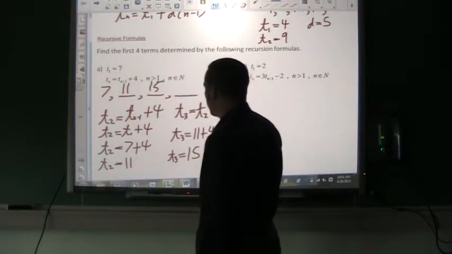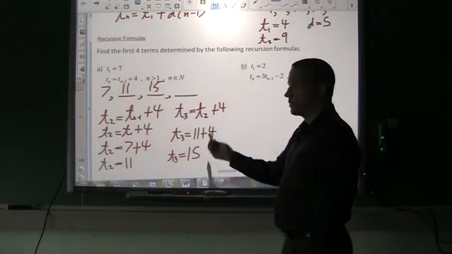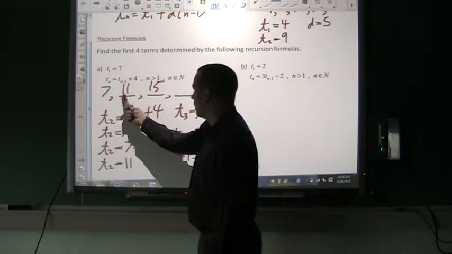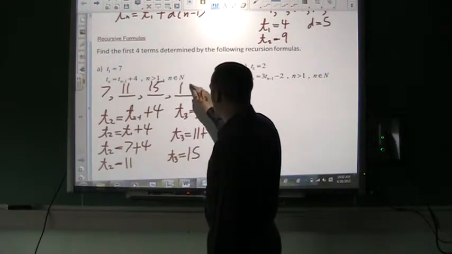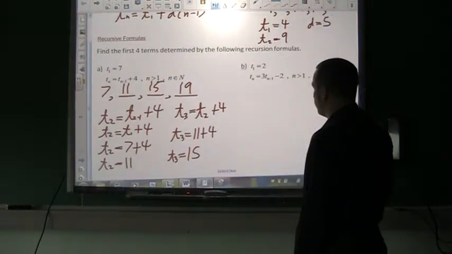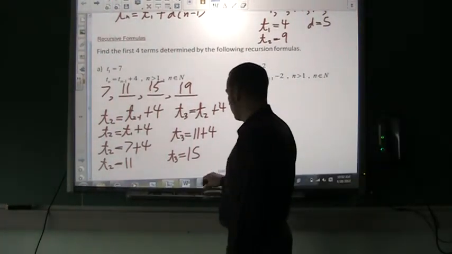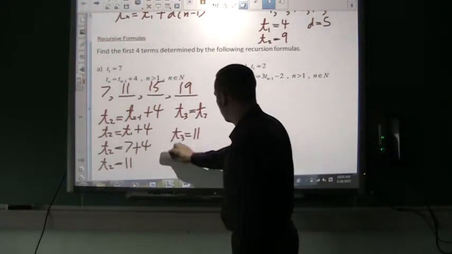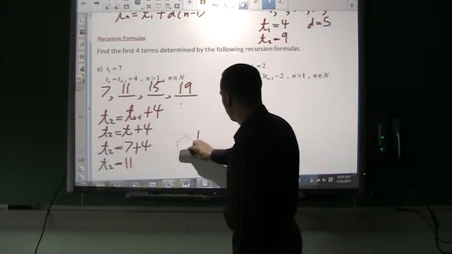And since this is arithmetic, it means we're going to add the same thing every time. So it looks like we're adding 4 every time. So I get 19 when we do that. Erase that to give myself a little bit of space.